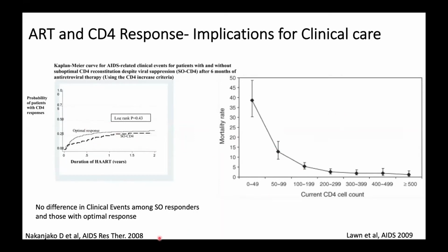Whereas in this study in South Africa, the overall mortality was related to the proportions of person time accrued within low CD4 cell strata, which just means that individuals who had the lowest current CD4 cell count, between 0 to 49, grouped in 50s, also had the highest mortality rate.